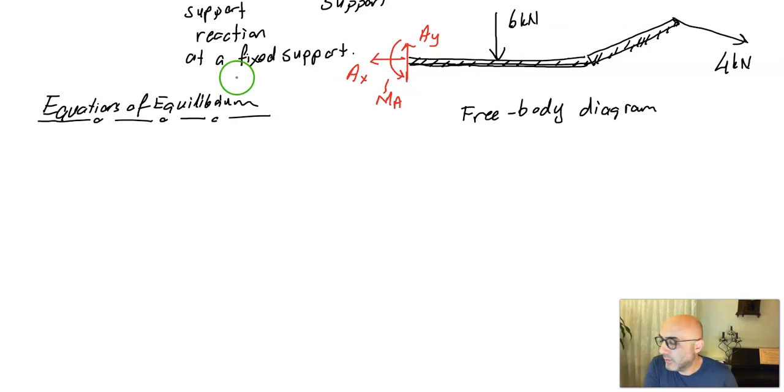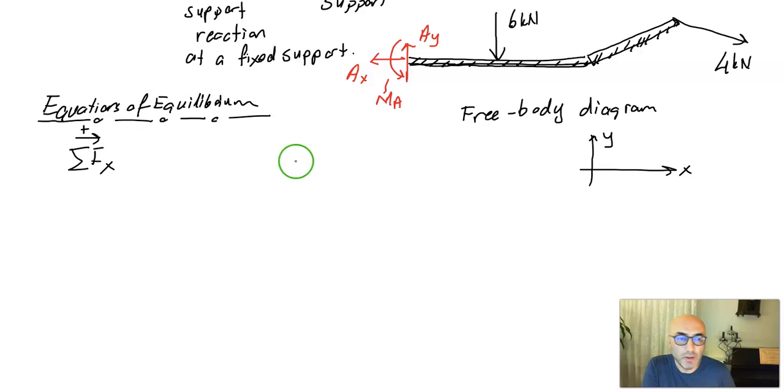The first equation: if we have this x and y axis system here, x here and y here, the sum of the forces in the x direction, x being positive in this direction, should be 0, and hence we can write this.